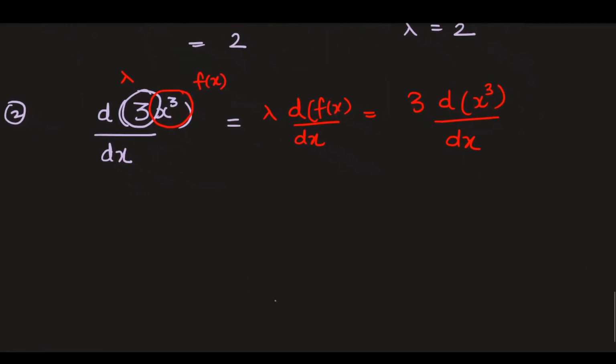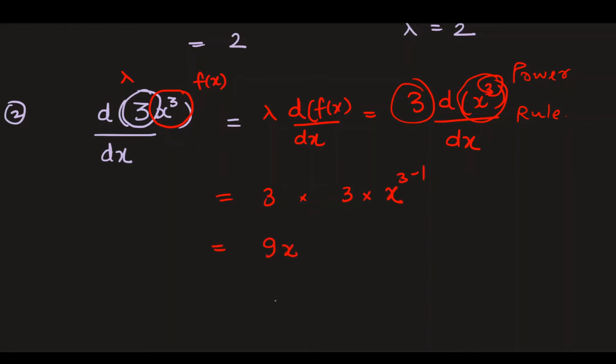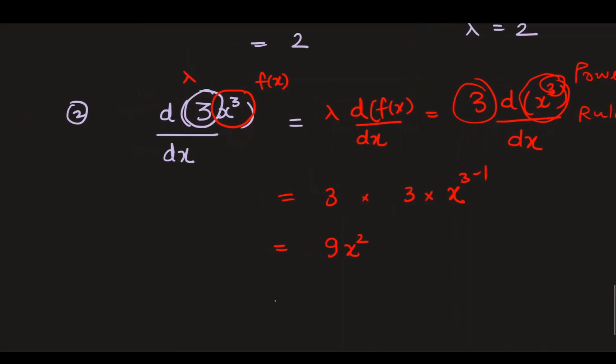Now in order to find this d of x cube, we have to apply the power rule, that says that 3 stays as it is, now into this 3, that is n in this case, 3 into x to the power 3 minus 1. So it comes out to be 9x square.